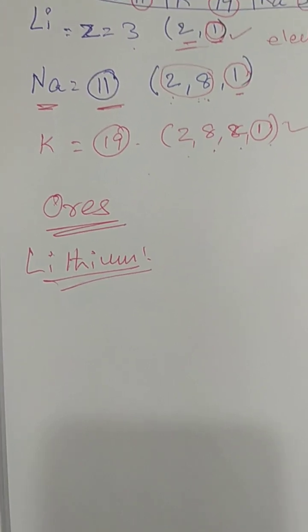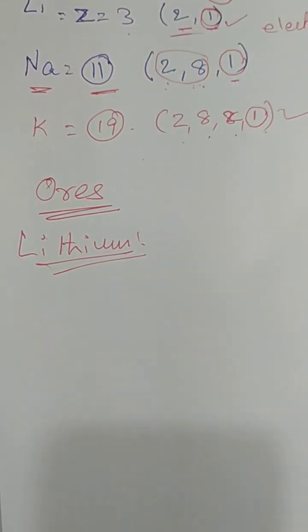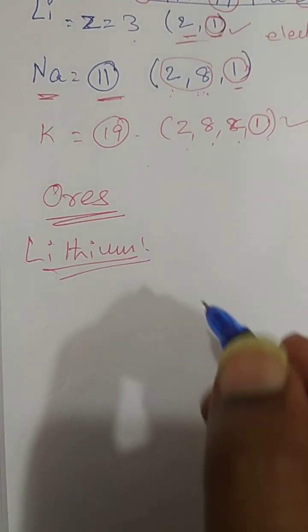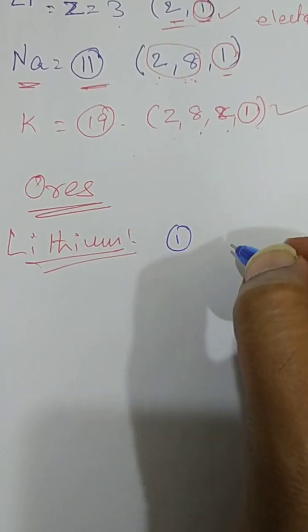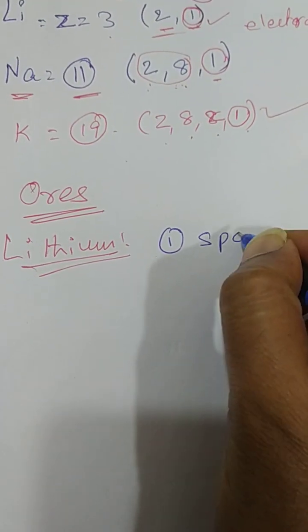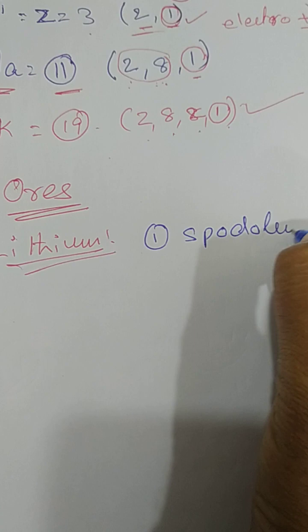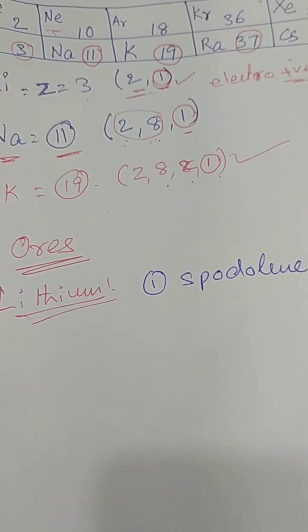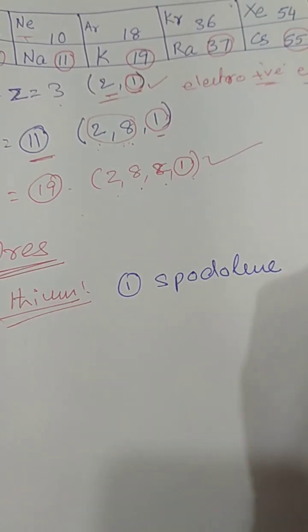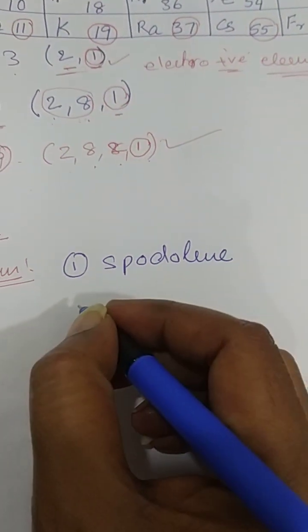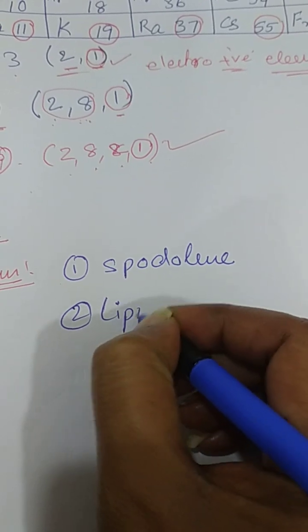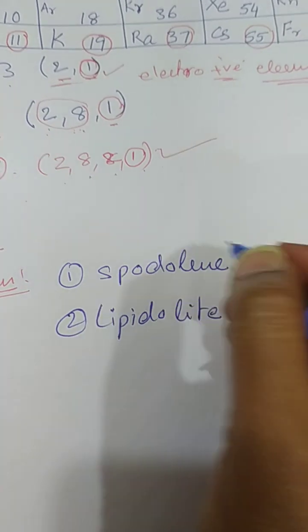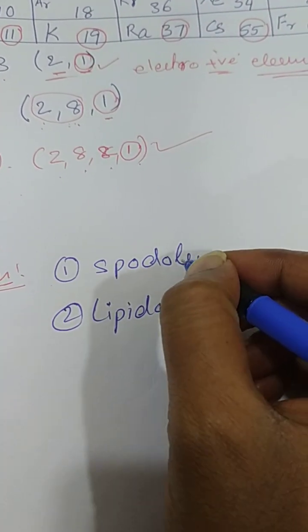These two are important ores, important bits for exams. One is spodumene, the second one is lepidolite. This is spodumene.